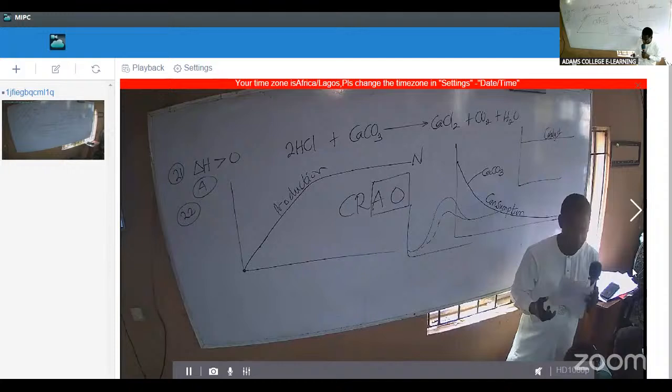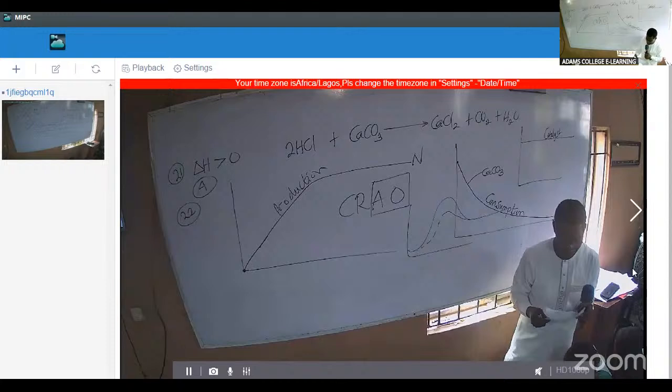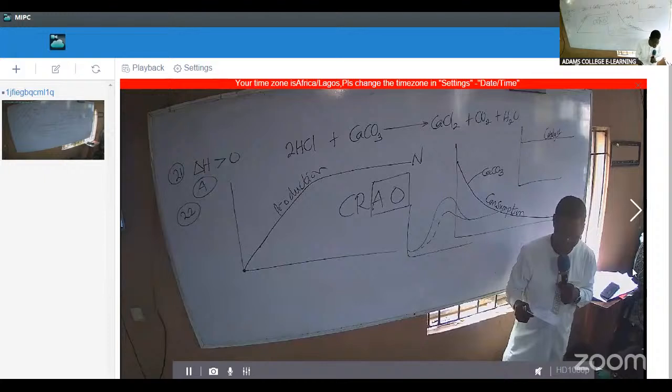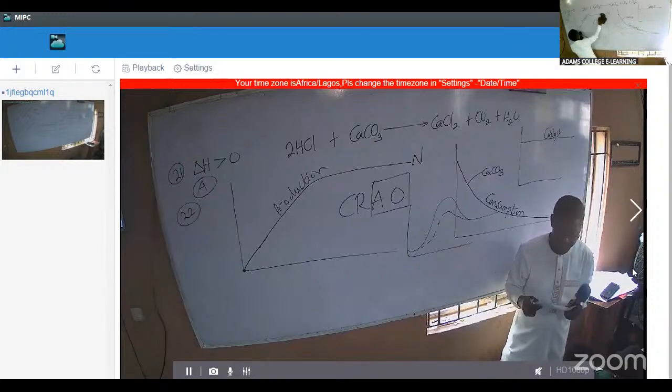25. If Y is an oxidizing agent and Z is a reducing agent, which of the following is correct? Class, if you're an oxidizing agent, what reaction will you undergo?